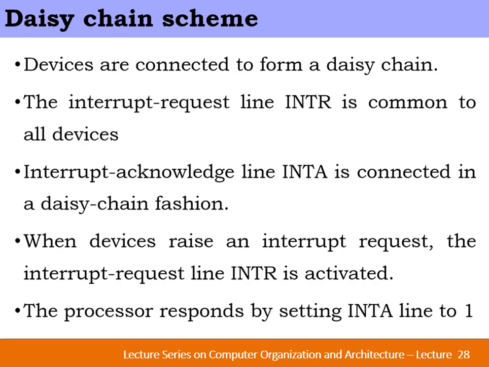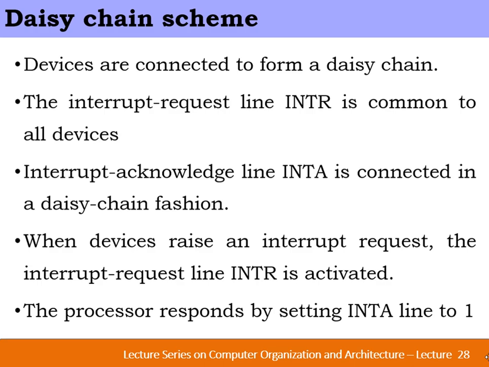One more method we call the daisy chain scheme. In the daisy chain scheme, devices are connected to form a daisy chain. In this scheme, there is a single interrupt request line, INTR. It is common to all the IO devices that are connected. But the interrupt acknowledgement line, INTA, is different.